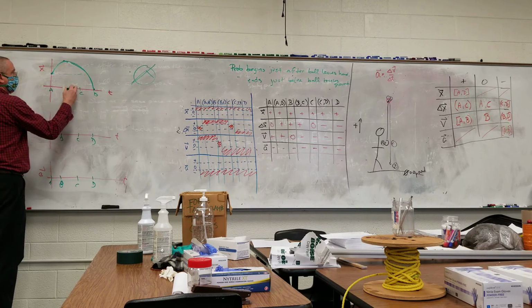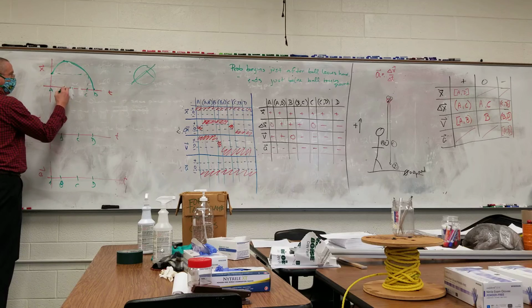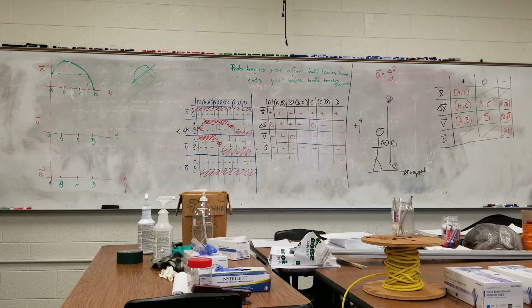Realistically, probably B, C, and D something like that. I'm going to put B and C back where they were, just because the others are marked off that way. Velocity starts out positive.